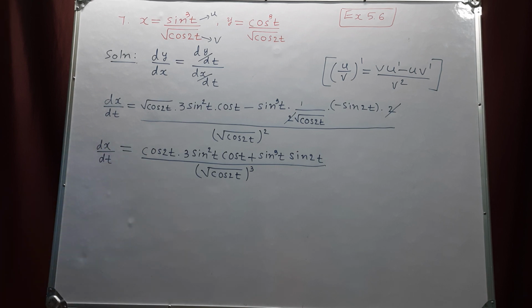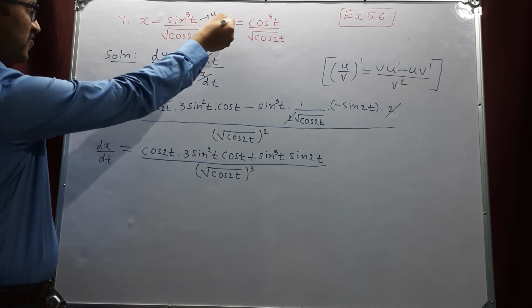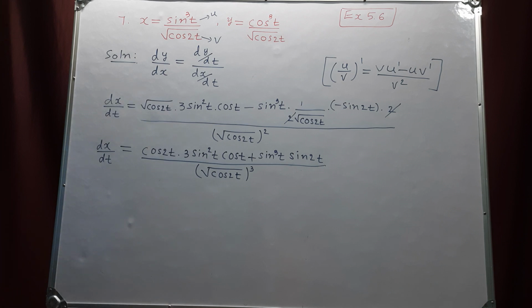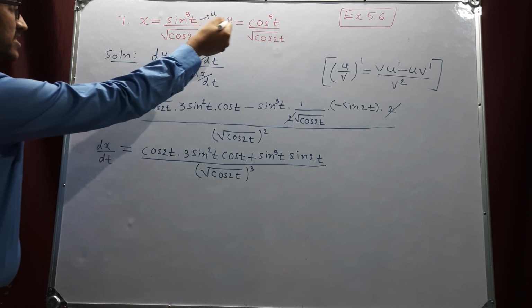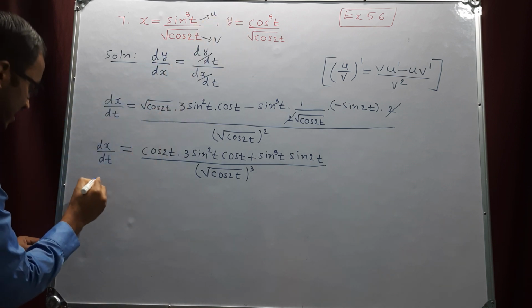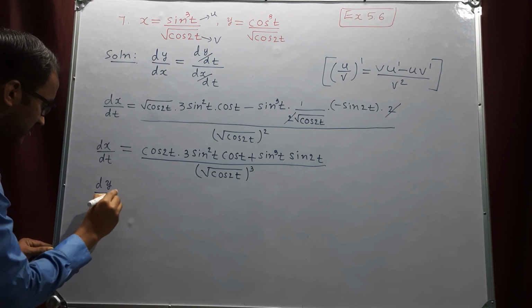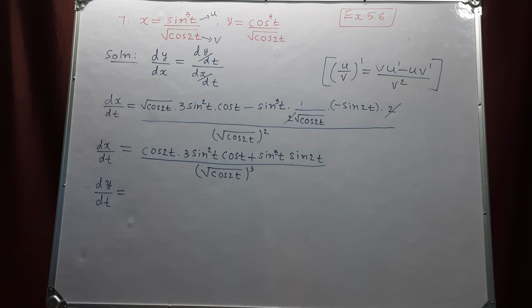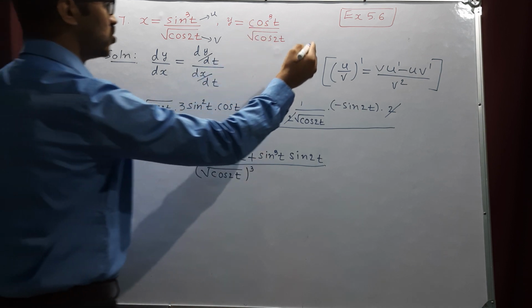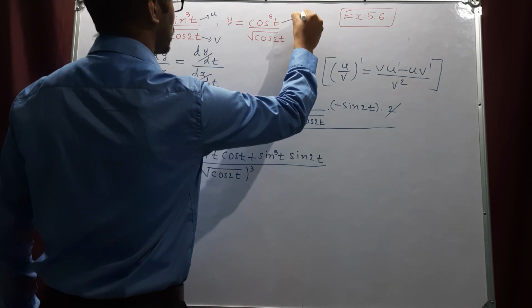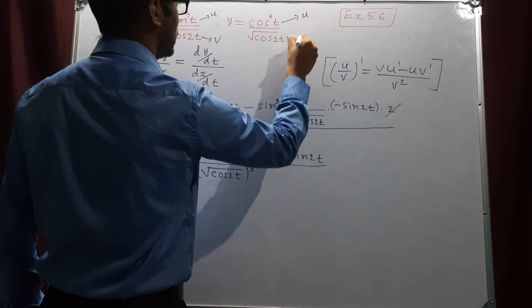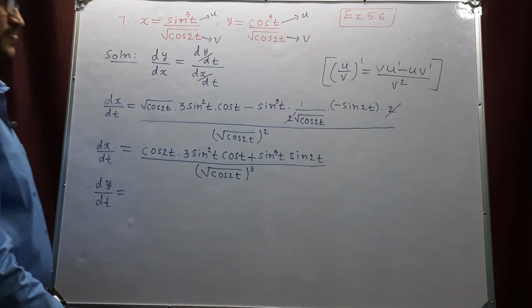Similarly, we will find the value of dy by dt. So y is this much. Differentiating with respect to t, dy by dt is equal to, again we have to apply the quotient rule. Consider this as u and this as v.